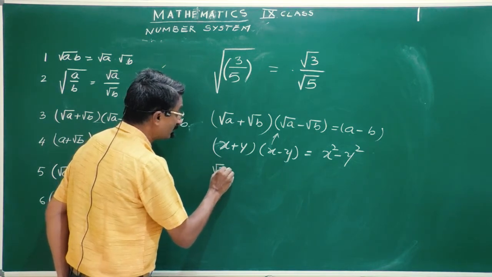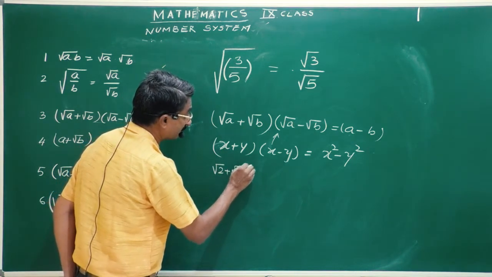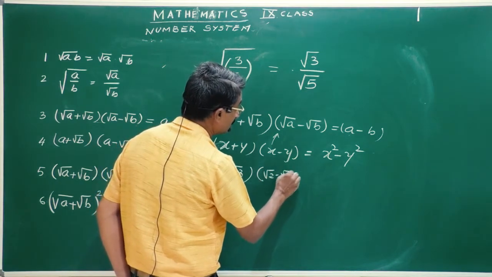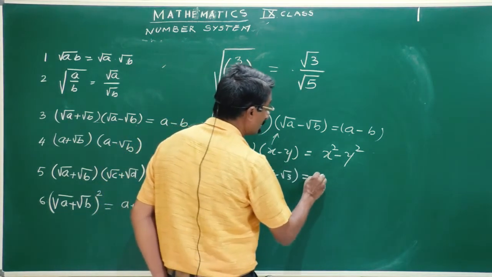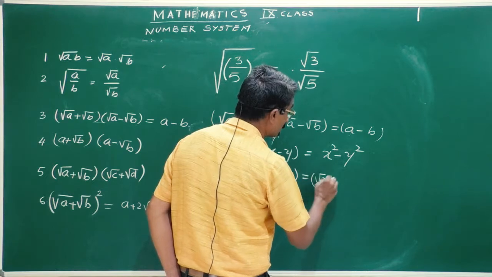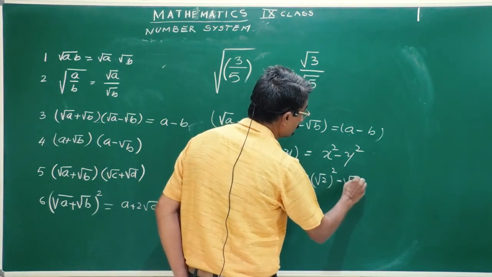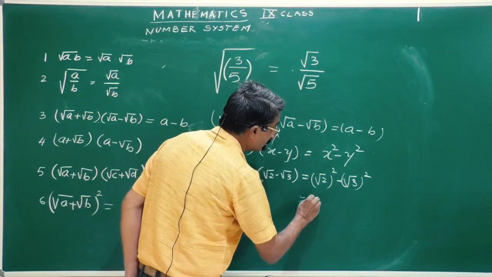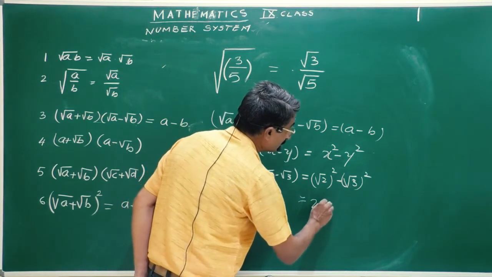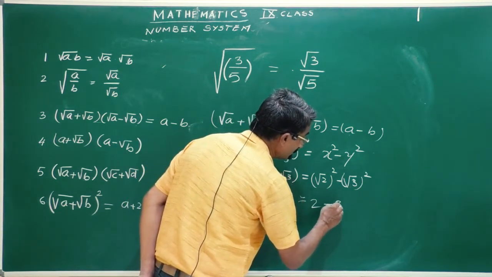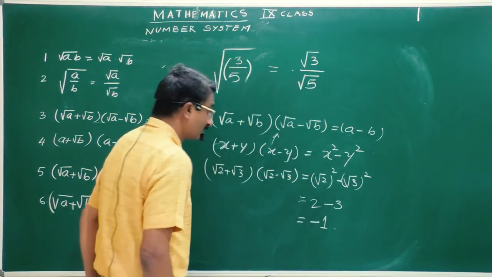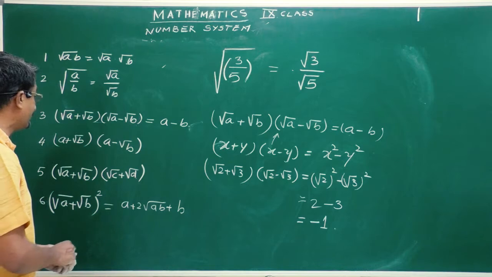An example is under root 2 plus under root 3 and under root 2 minus under root 3, which is equal to under root 2 square minus under root 3 square. The square of under root 2 is equal to 2 and the square of under root 3 is equal to 3. So the answer is minus 1. So it is a very simple identity.